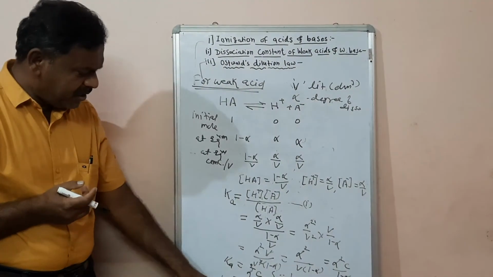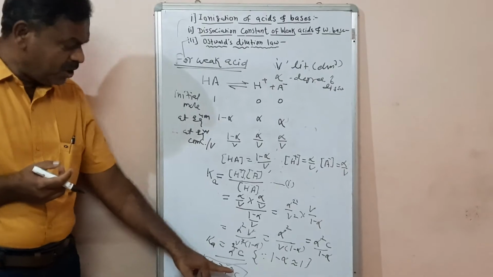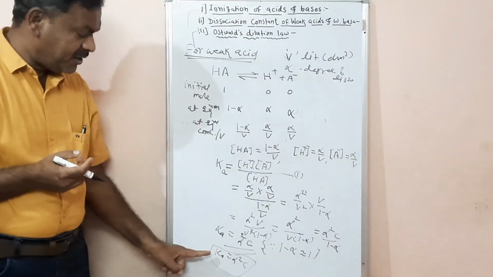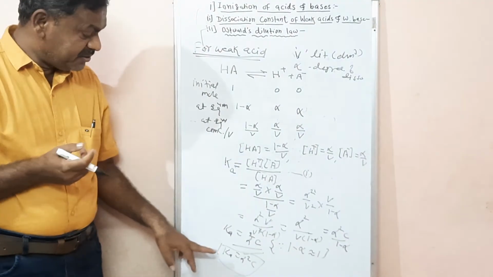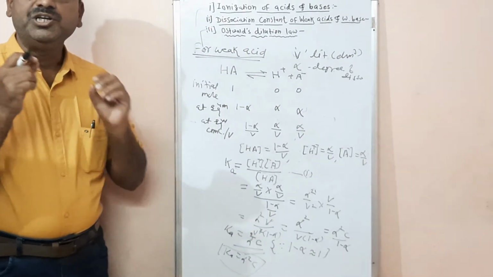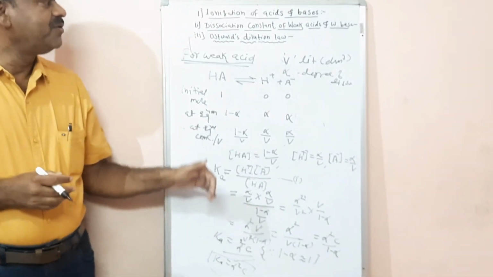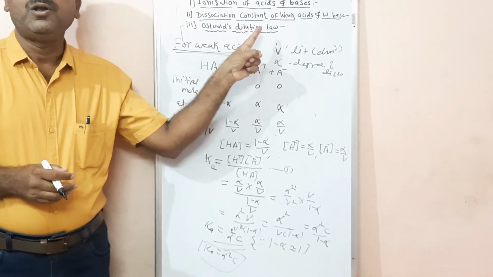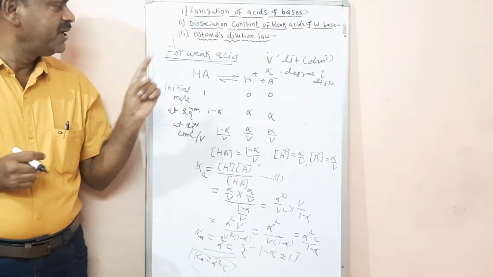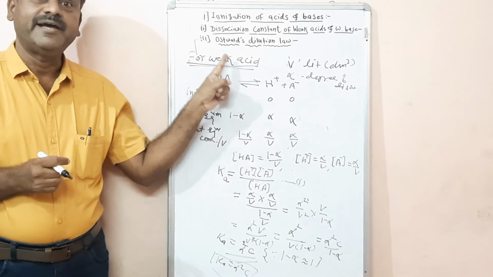If you know alpha, the degree of dissociation, and the concentration, you can easily calculate Ka, the dissociation constant. This is the Ostwald dilution law, or formula, for the weak acid.